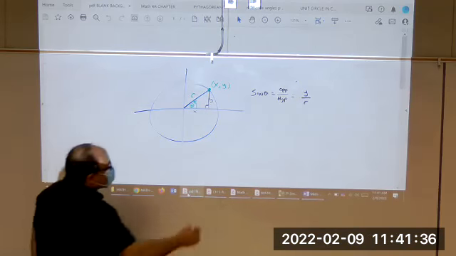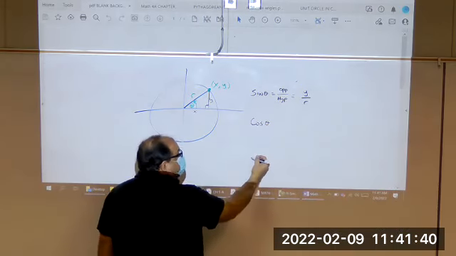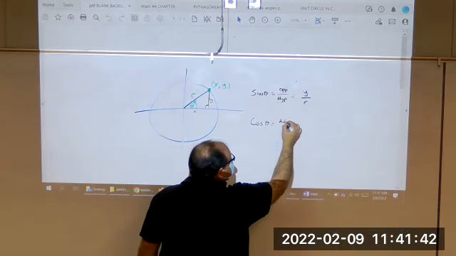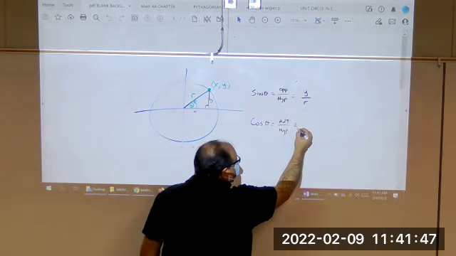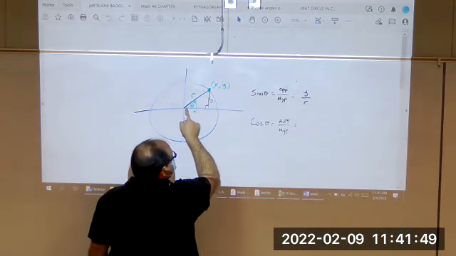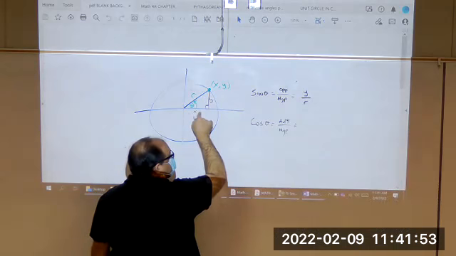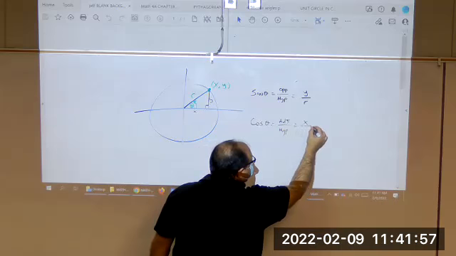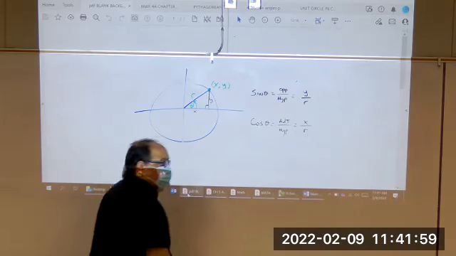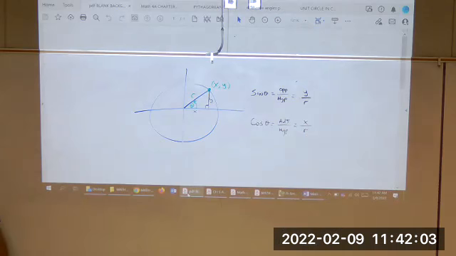The cosine, which we would like to go with adjacent over hypotenuse. And adjacent to theta in a circle scenario is the x coordinate, so it is now x over the radius. So the radius is going to be your hypotenuse always, no matter what.